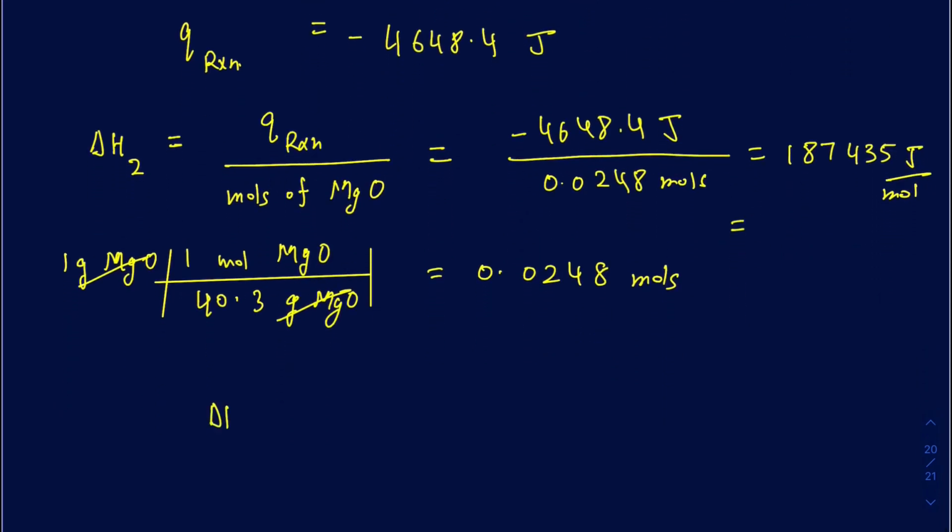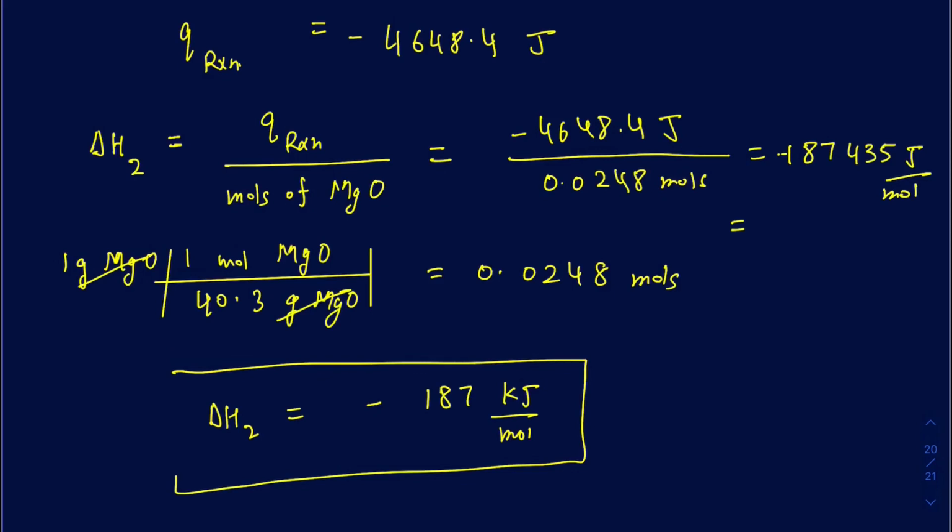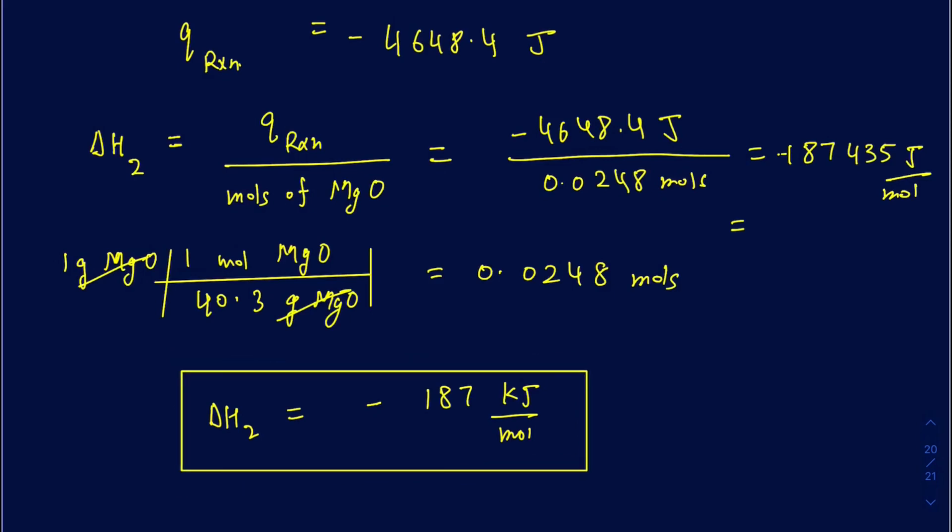If I want to change that to kilojoules, your delta H, and obviously it's a negative number, so don't forget that, is going to be negative 187 kilojoules per mole. So that's the delta H2 you're going to be using in the second reaction.